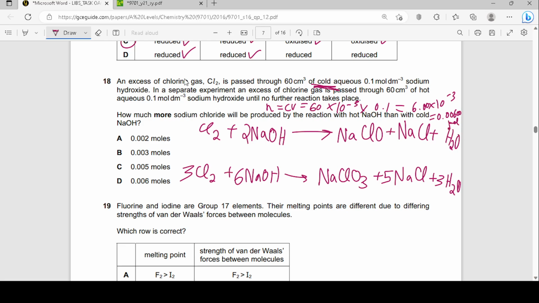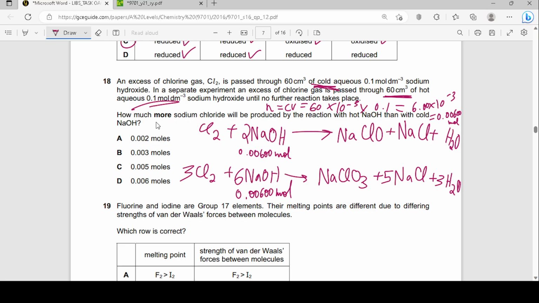It's moles that we're calculating. Okay. Let me just check if I do this right. And then we have 0.00600 moles of this, and the second one also uses the same, right? 60 cubic centimeters and 0.1. So this is also going to be 0.00600 moles, right?